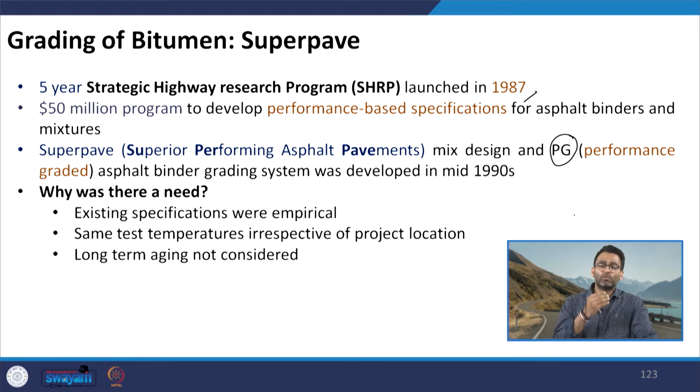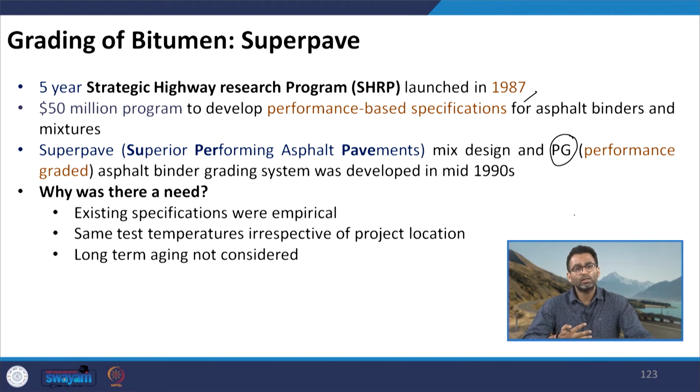If we see the specifications of the viscosity grading system and penetration grading system, you will see that there was a requirement to do the ductility test after short term aging of the binder, or viscosity ratio after short term aging of the binder, which means that only short term aging of the binder was done to assess the durability characteristics.